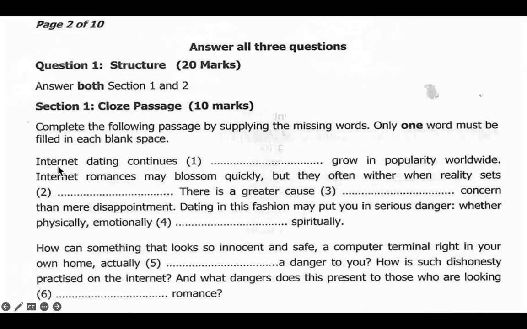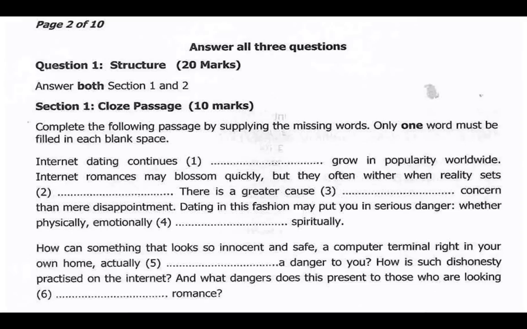Again: internet dating continues to grow. See here, internet dating continues. When continuing, there should be a preposition here. We can say continues to, because the word is "to grow". There should be a preposition that shows continuation.